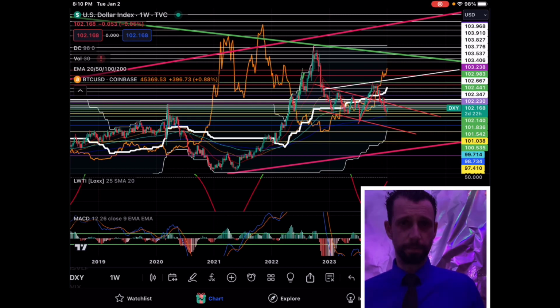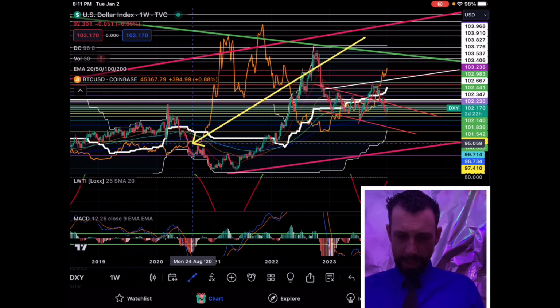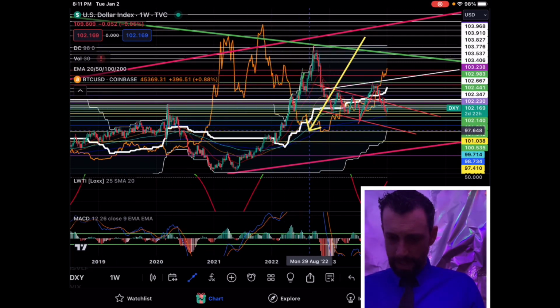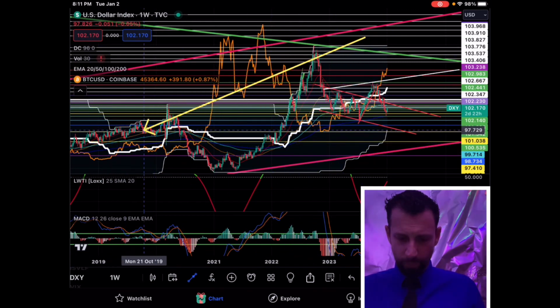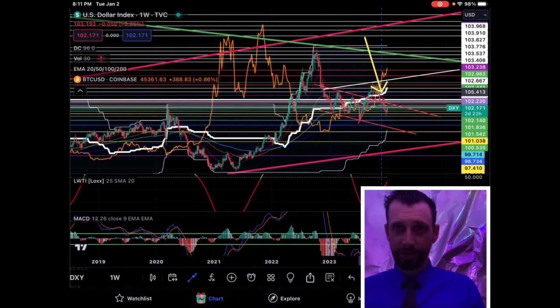I promised you we'd go over the dollar first. I want to show you the comparison between dollar and Bitcoin so you understand how the market generally operates. Here you can see Bitcoin in the orange line, and here you can see with the red and green candlesticks the price action for the dollar.